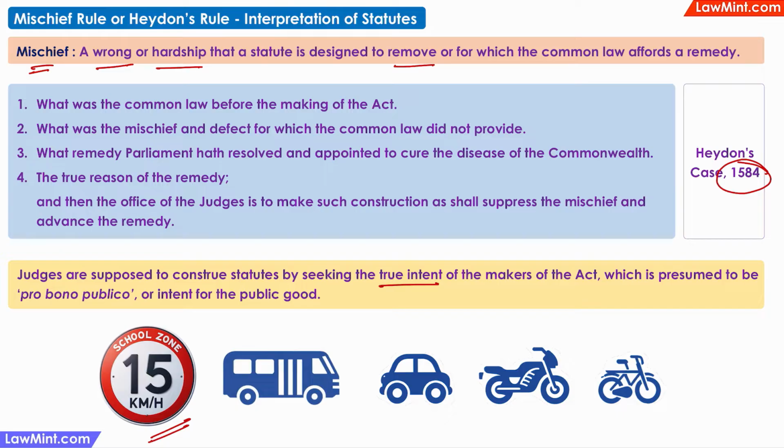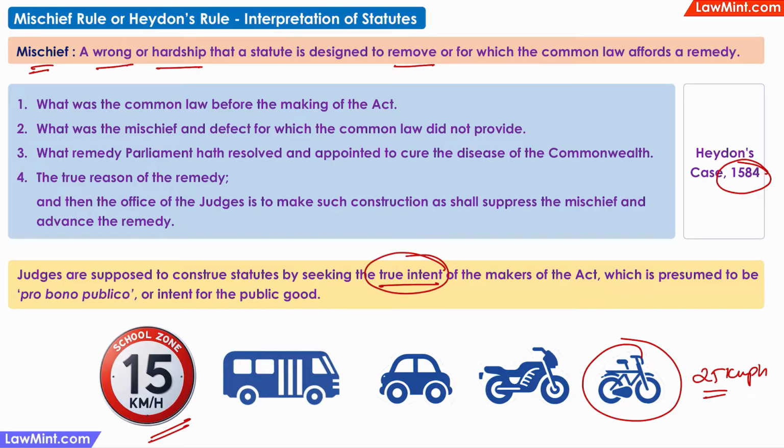So a judge can interpret the law to include even bicycles under the speed limit, because a person riding a bicycle at around 25 km per hour can crash into a school student and cause serious injury. So the judge is interpreting the law to ensure that the true intent of the law is met.